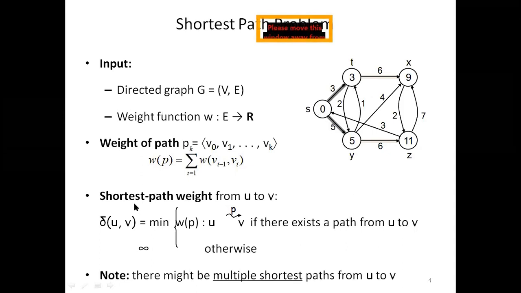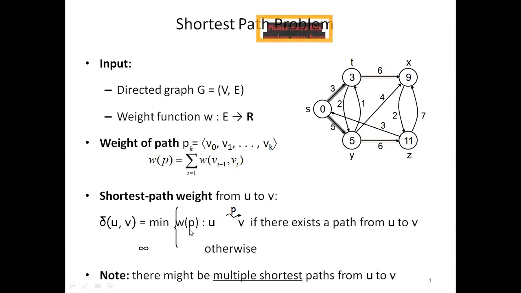There is a weight. So the shortest path weight from u to v, delta(u, v), equals the minimum of w(p) over paths p from u to v, if there exists a path from u to v. So there is a vertex u and another vertex v, and from u to v there exists a path p.